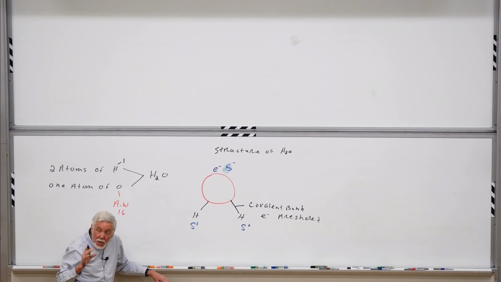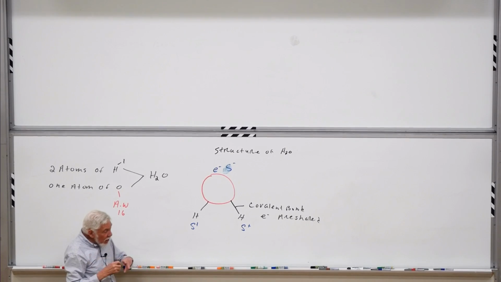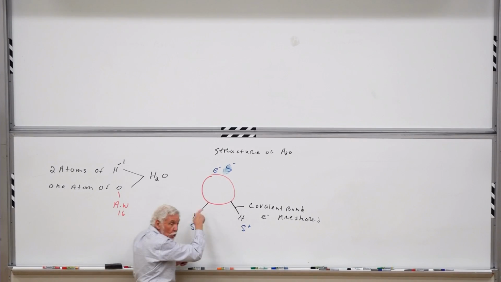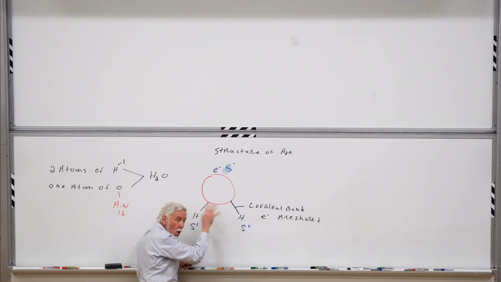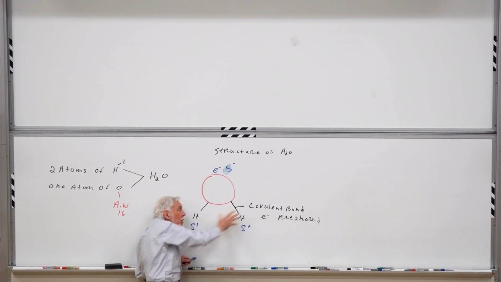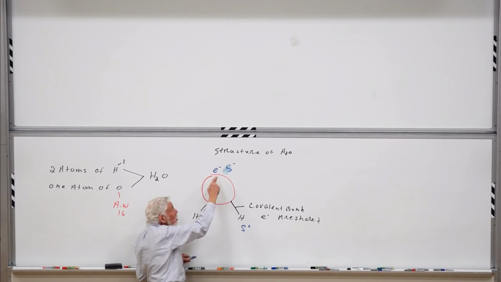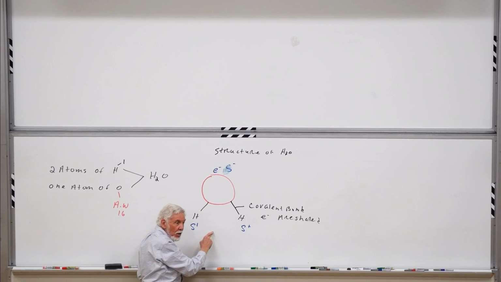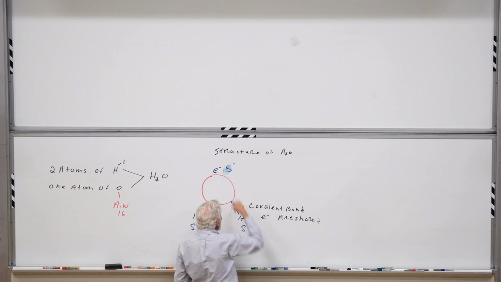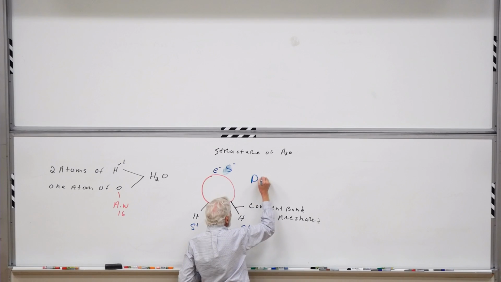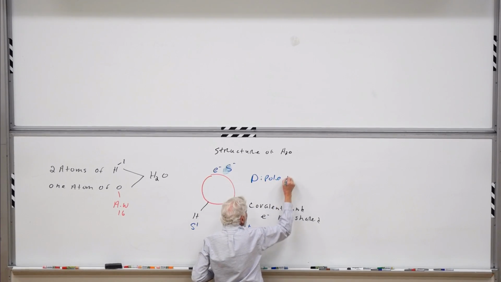So now we have this molecule, because of the characteristics of the way the electrons are being shared, that has an uneven distribution of charge, giving rise to a negative end and a positive end of the molecule. These negative and positive ends are said to be a dipole, or a dipole moment.